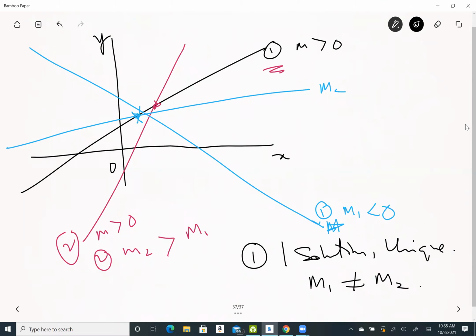If the slopes are not equal, there will be one solution, one point. It can be both positive, both negative, one negative and one positive, it doesn't matter. As long as they are not equal, you have one solution.